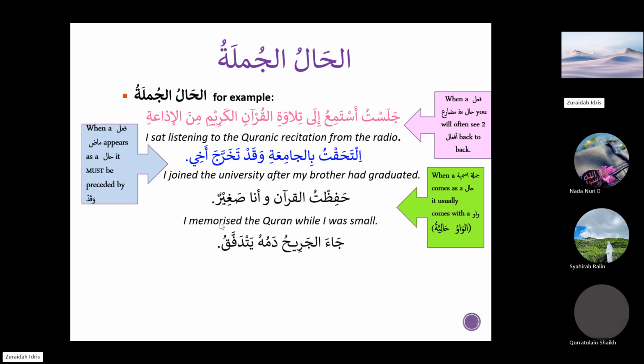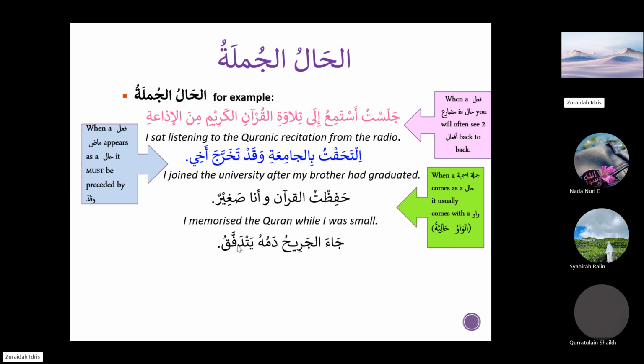But it's not always that you must have a waw haliyah when you have a jumla ismiyah as a hal. Like in this case, damuhu, his blood, sorry, not its blood, his blood, it's a jarih, a wounded man. Damuhu yatadaffaku. This is a mudari, but it's the khabar of this jumla ismiyah.